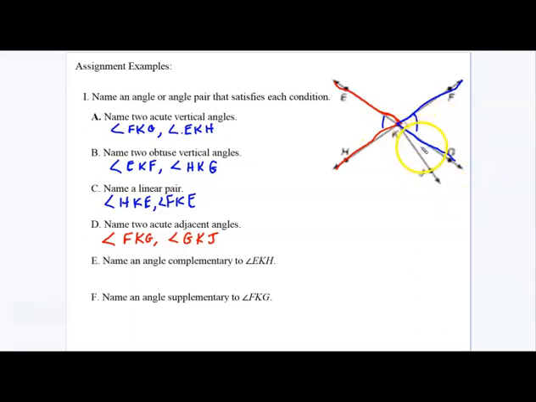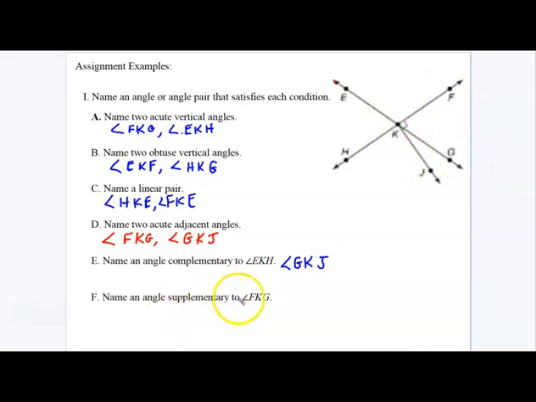Over here we notice that this angle and this angle together make a right angle. So these are complements. If GKJ is complementary to FKG, then it also has to be complementary over here because these are the same measurement. So we could say that angle GKJ is the complement. Remember, they don't have to be adjacent to be complementary or supplementary. Let me clean this up a little bit, and then we've got one more of these.